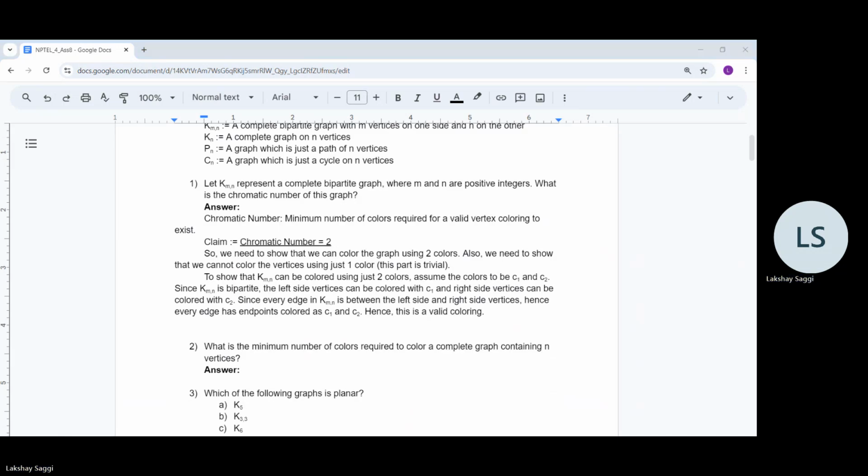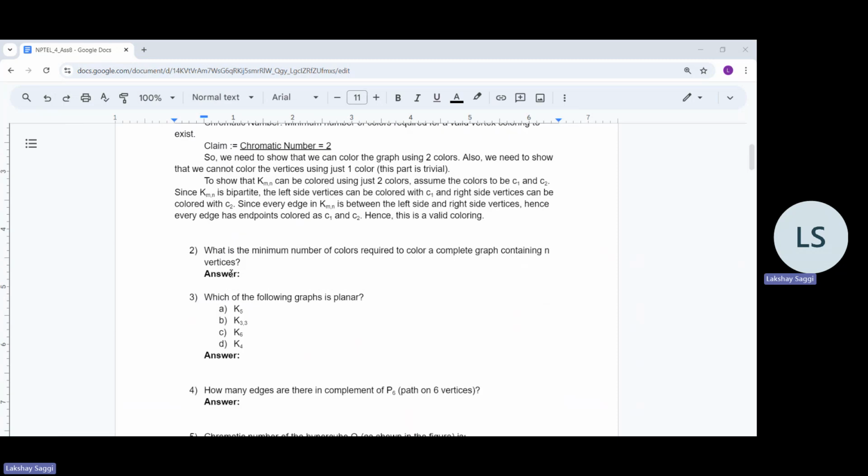The second question asks, what is the minimum number of colors required to color a complete graph containing n vertices? Not a complete bipartite graph, but a complete graph. And what is a complete graph? We have n vertices and an edge exists between every pair of vertices.